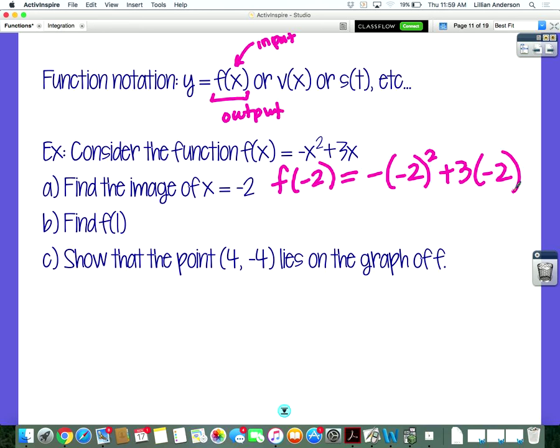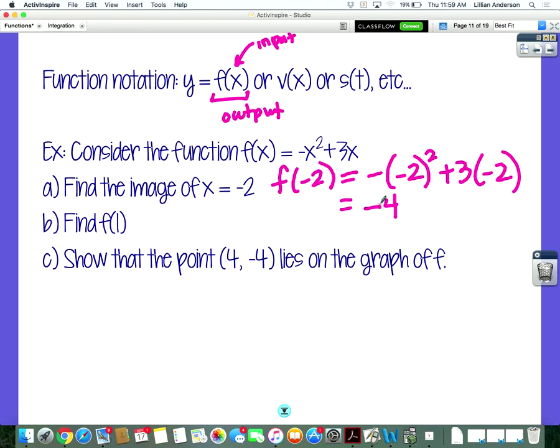And then you just simplify it to figure out what's that y value. When x is -2, y is what? Please remember order of operations here. What do you do first? And then exponents. So we do our exponents. What's -2 squared? 4. But there is a negative on the outside.